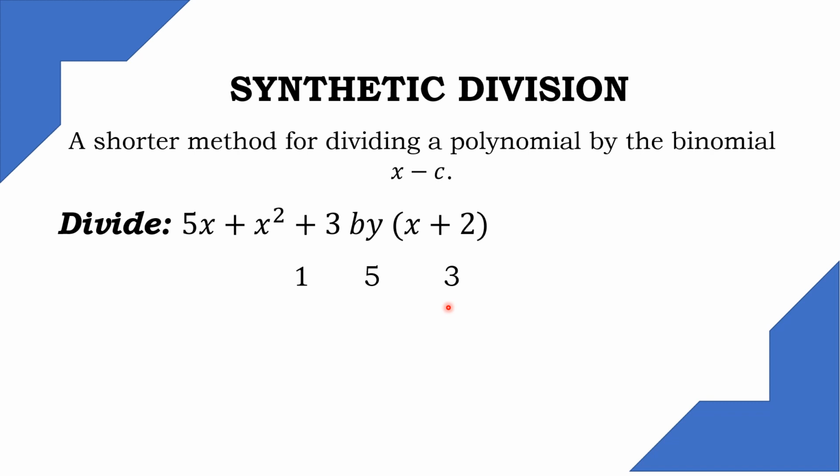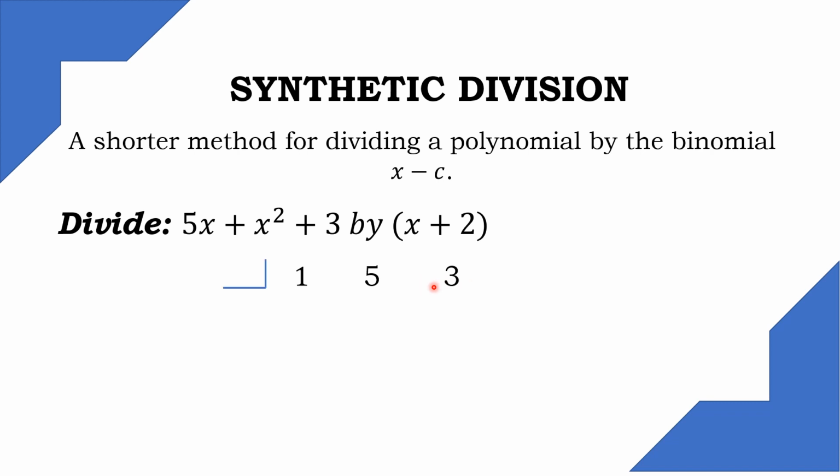Remember that we have to put 0 in place of the missing coefficients. But since we don't have missing terms here, we have 1, 5, 3 as the coefficients of the dividend. And then, we're going to write the constant c of the divisor in a semi-box on the left side of the first row.